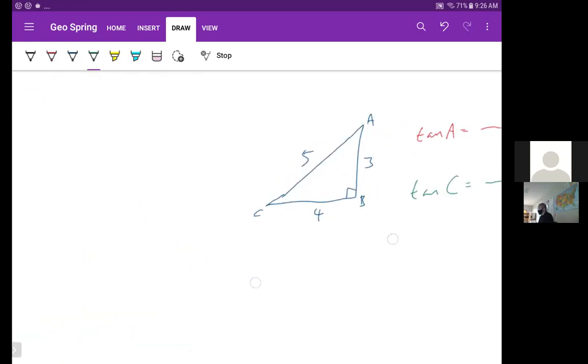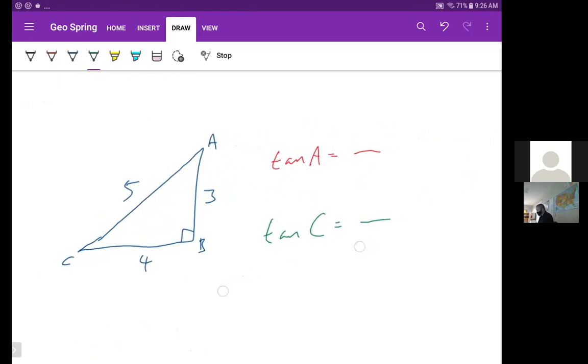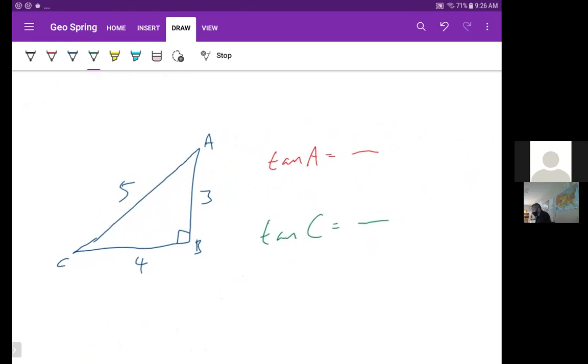So when you do stuff like this, tangent C, if this is your angle here, obviously 5 is the hypotenuse. So we don't have to use that today. This is the hypotenuse. So which one is touching the angle?